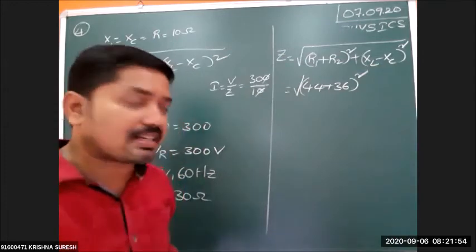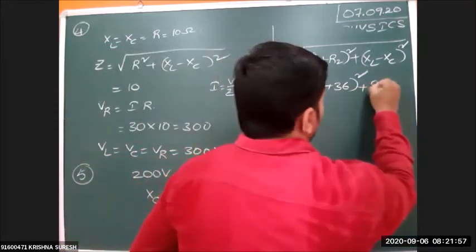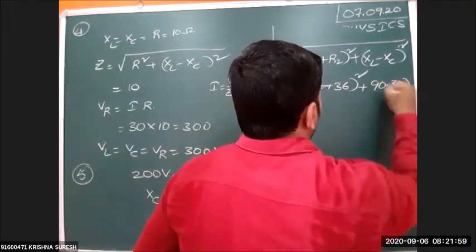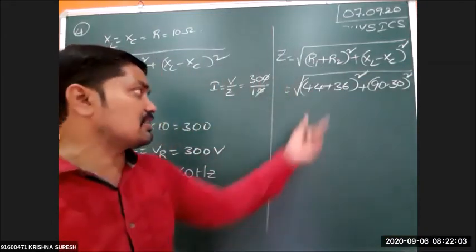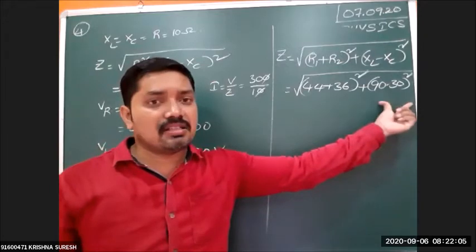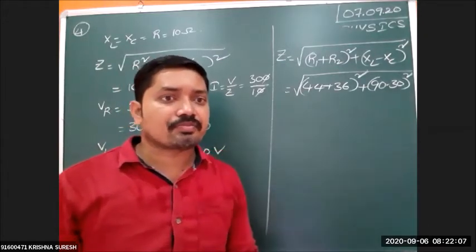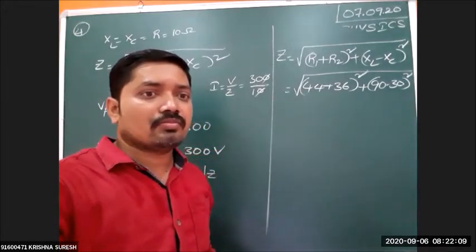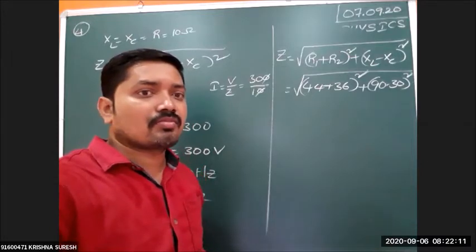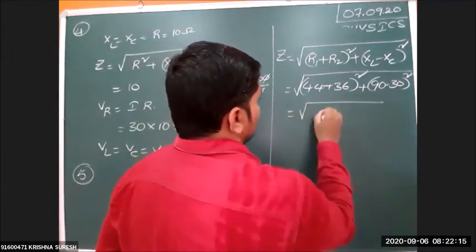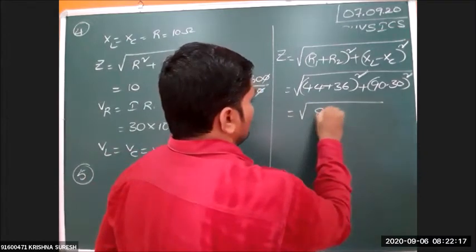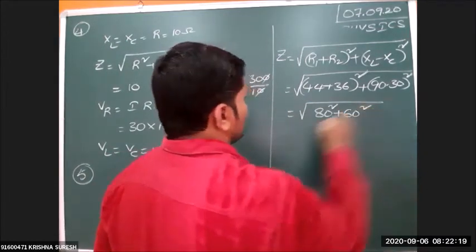And he gave you reactances also. What are those? One is 90 and another one is 30. Then here 44 plus 36, that is 80, and this is 60. So that is 80 square plus 60 square.